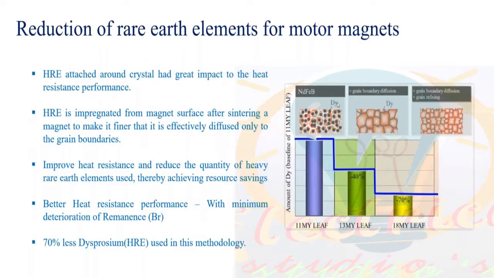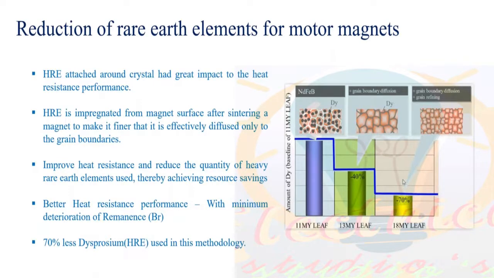Dysprosium is the rare earth material used in the permanent magnets, and its amount has been reduced further and further. Say the 2011 Nissan Leaf had this much permanent magnet, and in 2018, 70% of the permanent magnet was reduced on the PMSM motor.